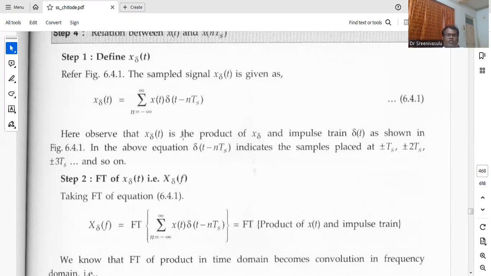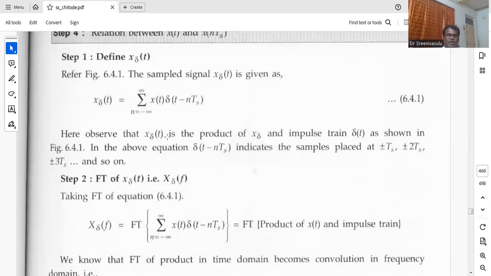And then if you want to convert into the frequency domain, you need to apply the Fourier transform, so apply the Fourier transform on both sides. The Fourier transform of x delta of t is x delta of f. Now here there is a product of two signals: one is x of t, the original signal, and another one is the periodic impulse train.